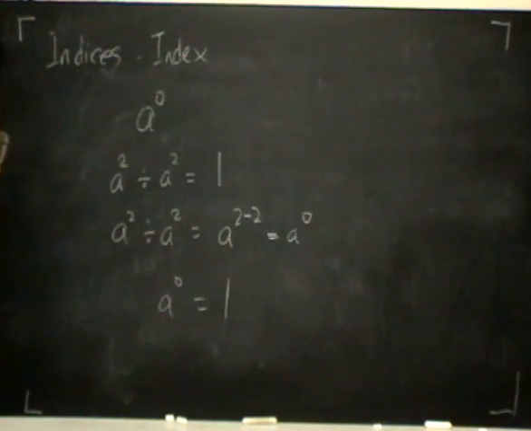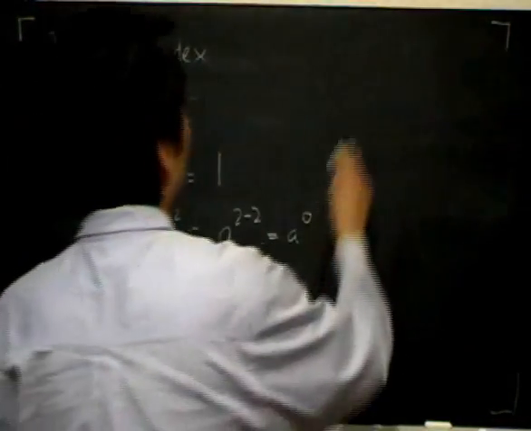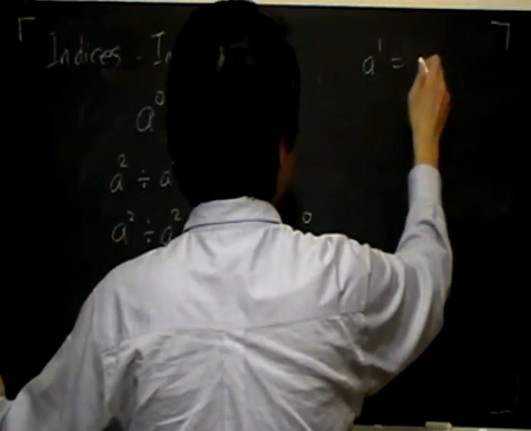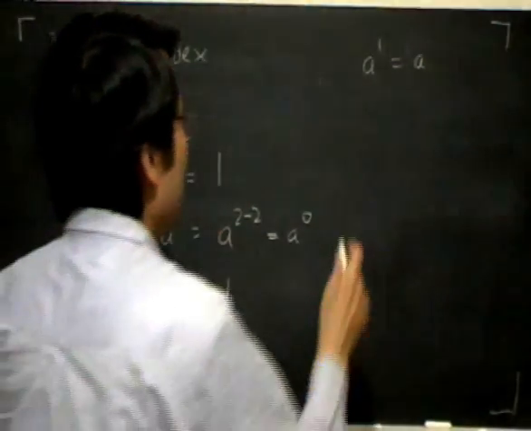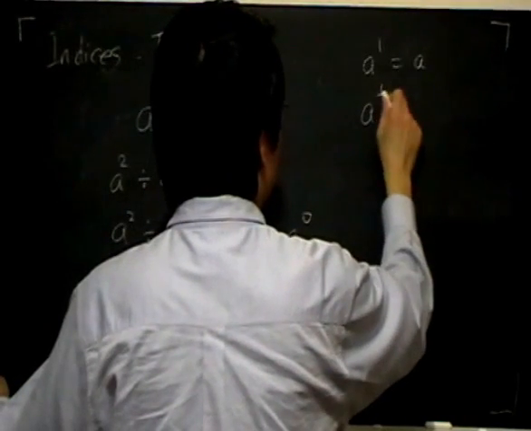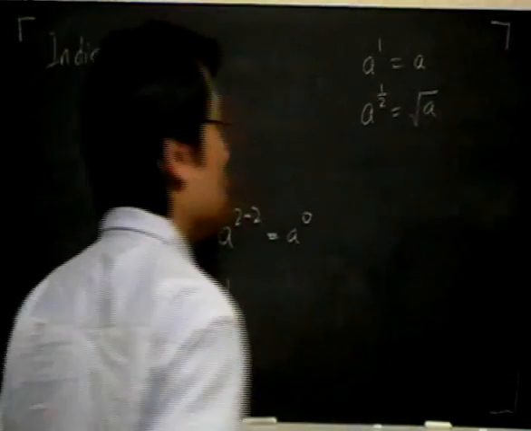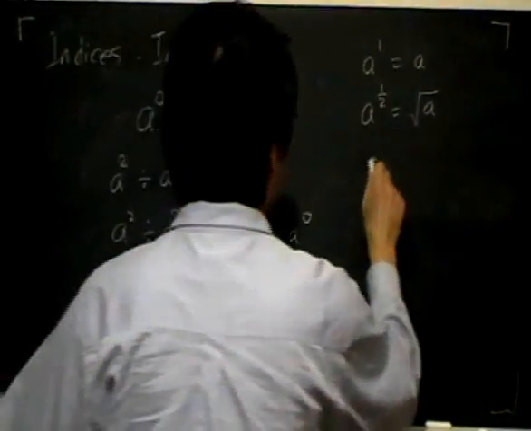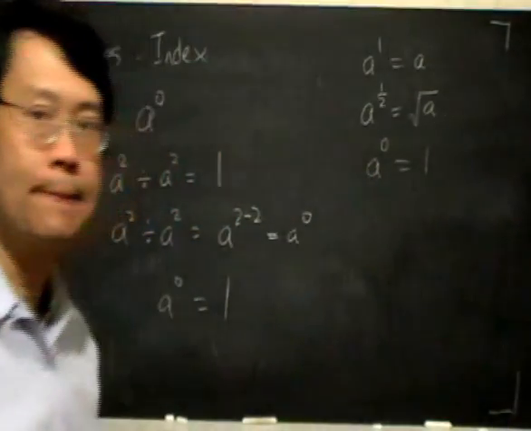So let me write down these rather special cases. We know that a to the power of 1 is a. We know that a to the power of half is the square root of a. Right? And we know now that a to the power of 0 is 1.